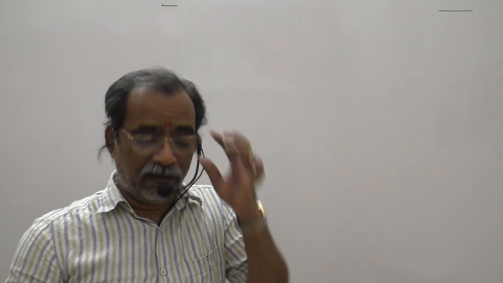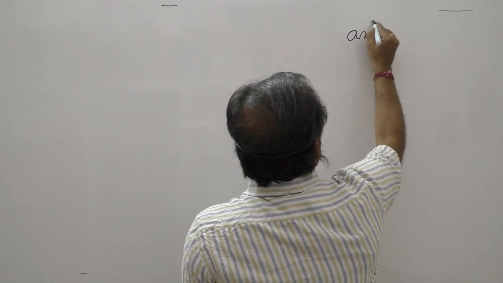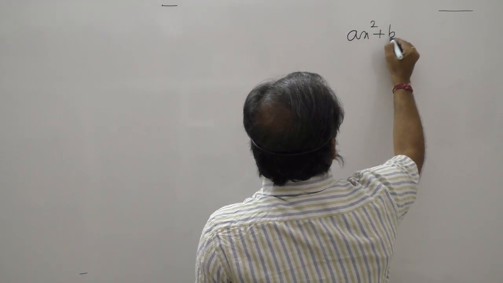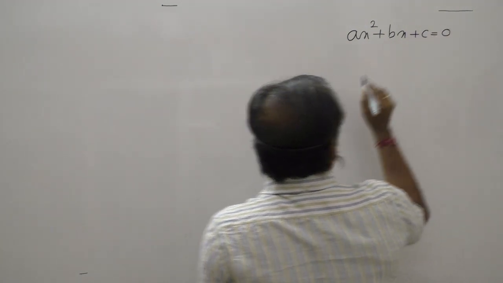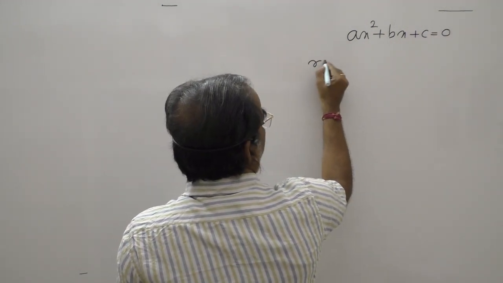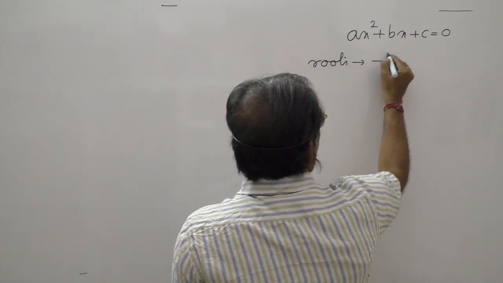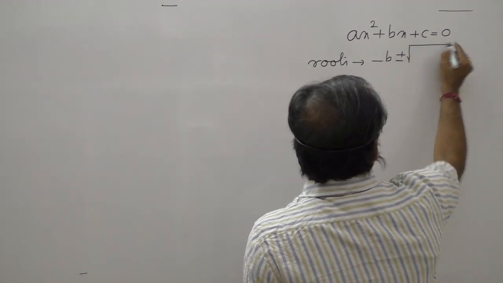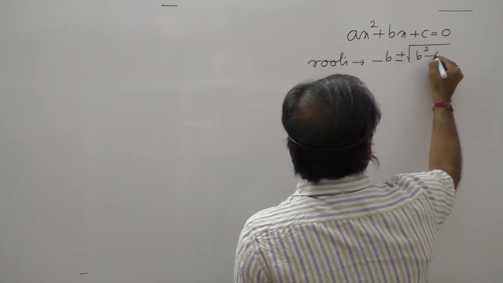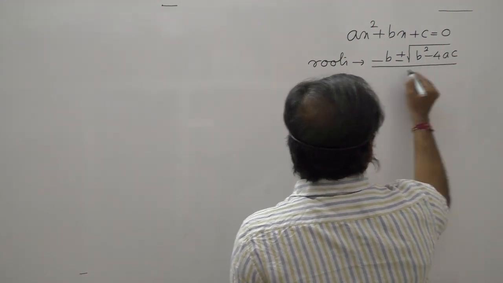Just now we have found the roots of a quadratic equation. For the quadratic equation ax square plus bx plus c equal to 0, what are the roots? For this equation, roots are minus b plus or minus root over b square minus 4ac, whole divided by 2a.